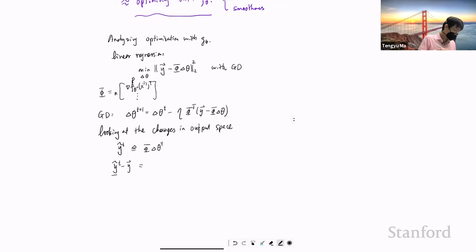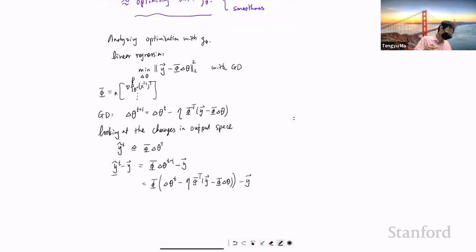How does this change over time? This is just the definition. You plug in the definition of delta theta t plus 1, which is delta theta t minus eta phi transpose times phi delta theta t minus y vec.